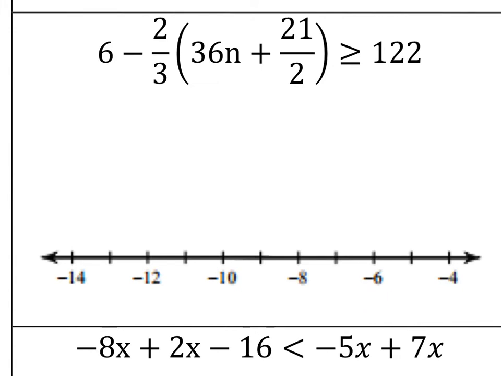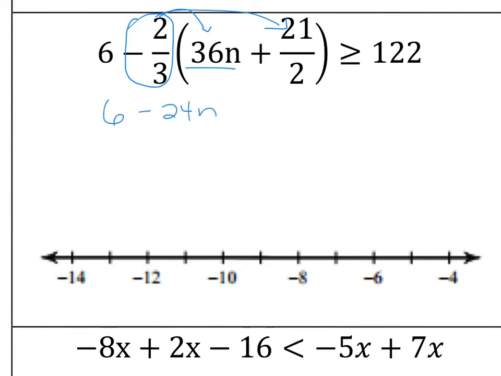Okay, for this problem, it's slightly more complicated. We have a negative fraction here, so we need to distribute into the sum of 36n plus 21 over 2. So negative 2/3 times 36n gives you negative 24n. So 6 minus 24n.